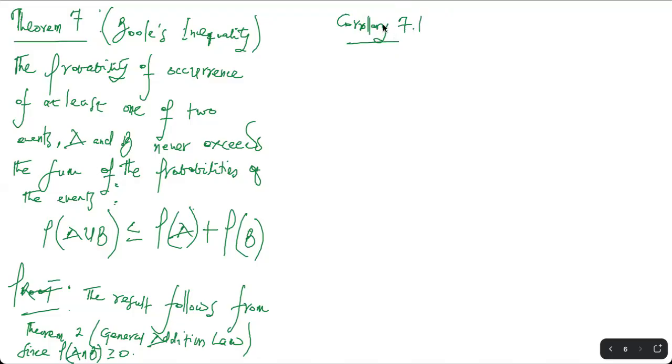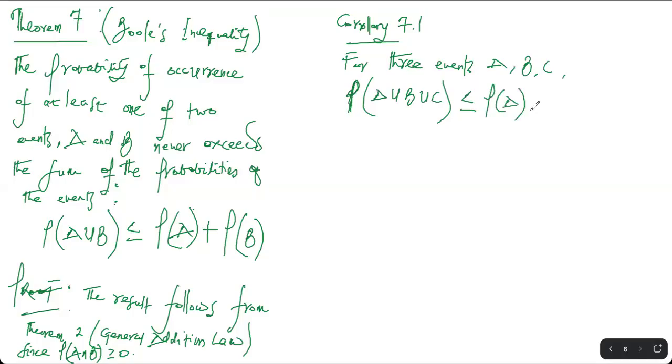We can say that for three events, A, B, C, the probability of A union B union C would always be less than or equal to the probability of A plus the probability of B plus the probability of C.